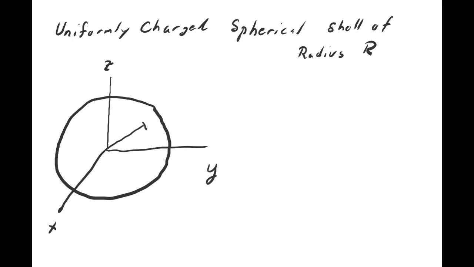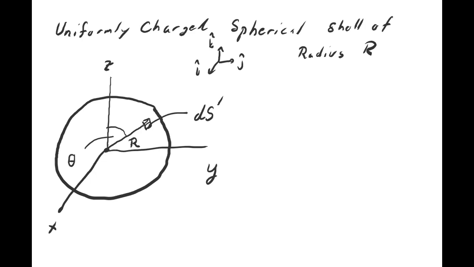So the first thing I'm going to do is recognize that I have a differential surface element, ds, that is located a distance r from the origin of this system. Here are my obligatory unit vectors, i hat, k hat, j hat. There is an angle that r makes with the z-axis.